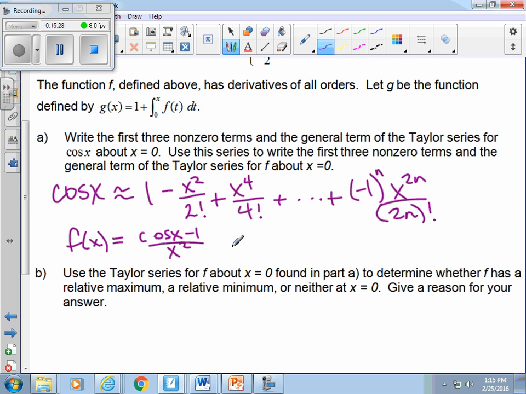So I'm going to take this big thing and subtract 1 from it, right? What happens if I subtract 1 from it? The 1 in front goes away. And then I'm going to divide every term by x squared. Everyone agree with that?